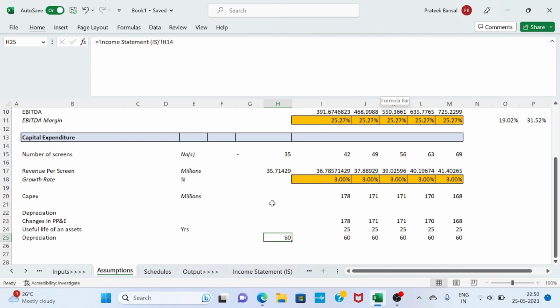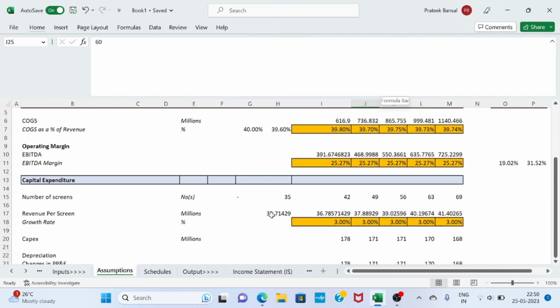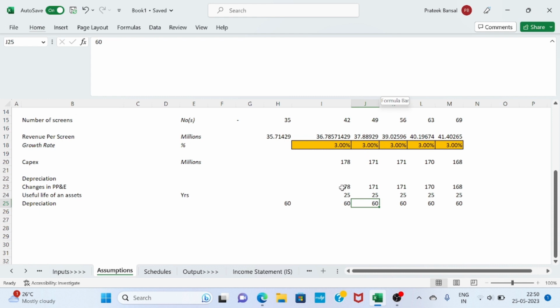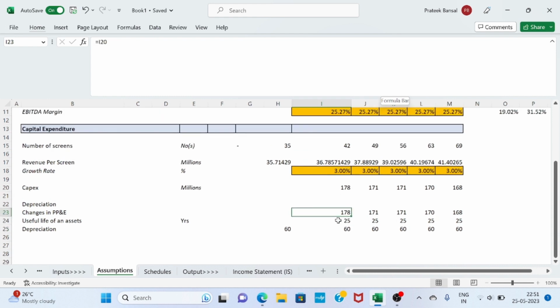So we are assuming that the company is a going concern and it is not going to sell any of its assets in the future. So this 60 of depreciation will happen in the future years as well. And this amount, that is 1678, is the amount spent by the company on the extra purchase of 7 units of screens, right? So we need to charge extra depreciation on it on a straight line basis.